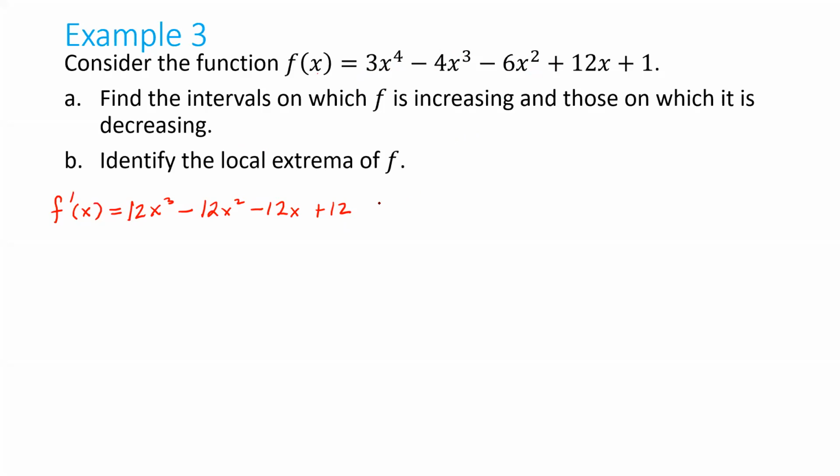And like usual, we should start by trying to figure out what the critical points are, because that'll help us split up our number line when we're making the sign chart. Let's factor out a 12 here, I think would be an easy way to start. Okay, so I got x cubed minus x squared minus x plus 1. If I want to factor this, what can I do?